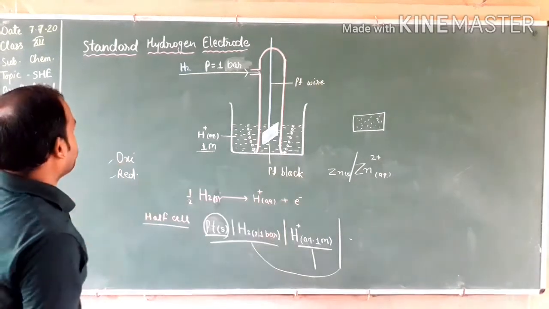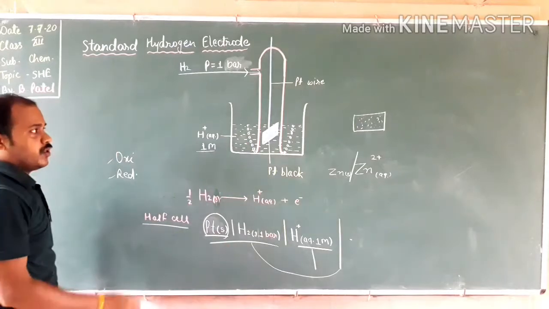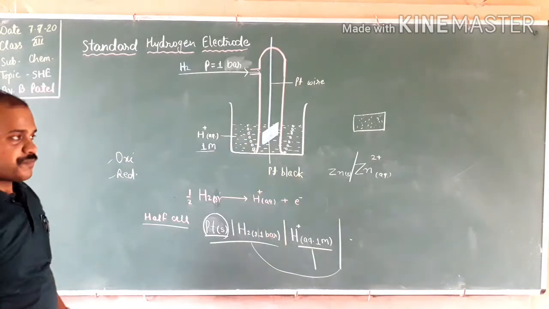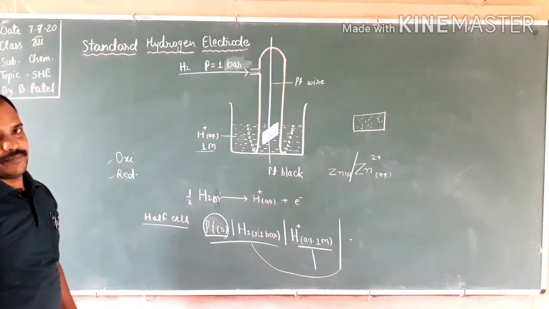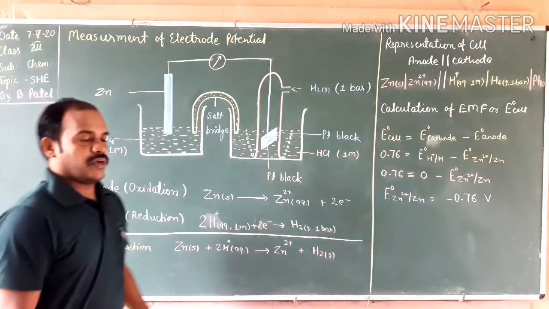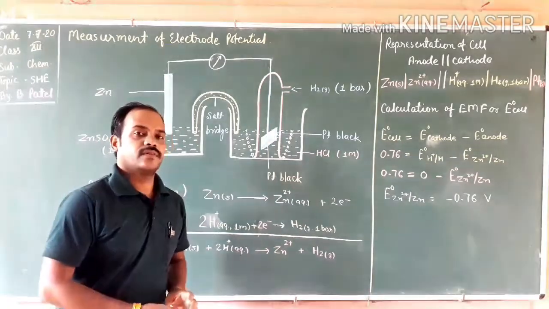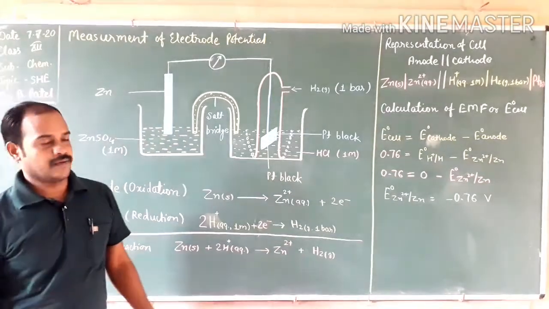Okay. So now see, how can we use this standard hydrogen electrode? The next topic is the measurement of electrode potentials of elements. So how can we measure the electrode potential of any half cell?